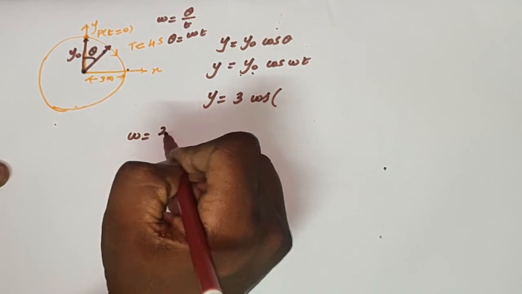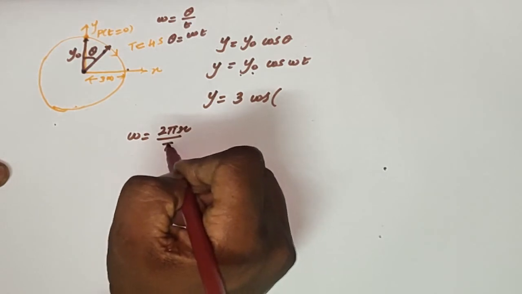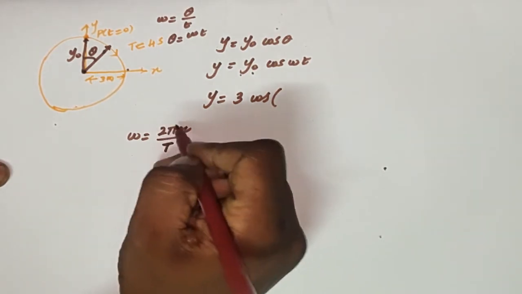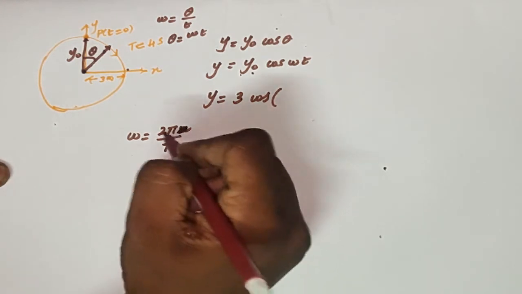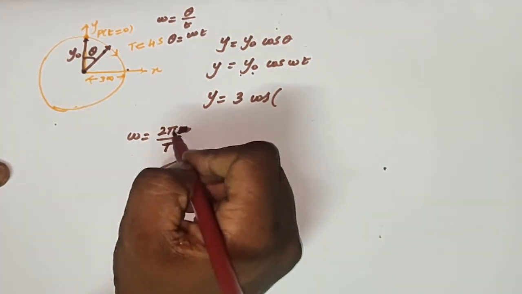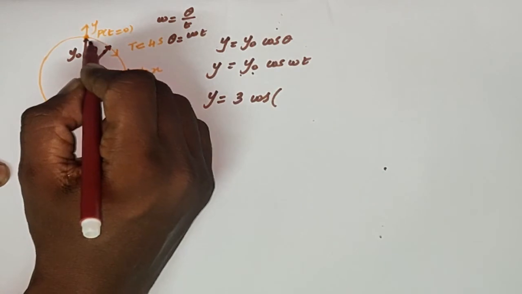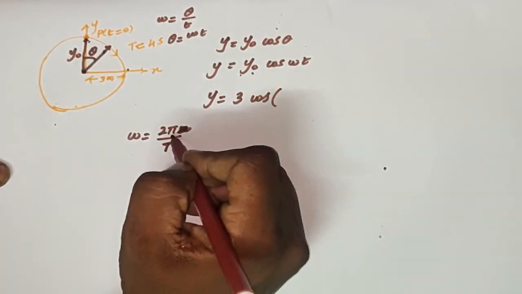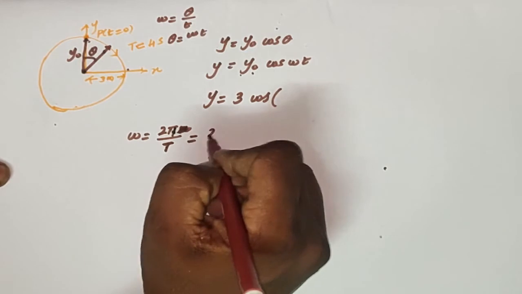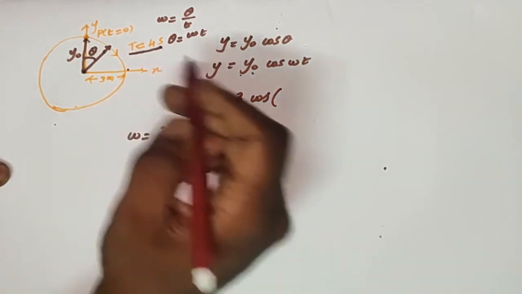For one complete revolution, the angular displacement theta would be 2 pi radian, divided by the time taken, which is the period of revolution, capital T. We know for one complete revolution the period is given as 4 seconds.